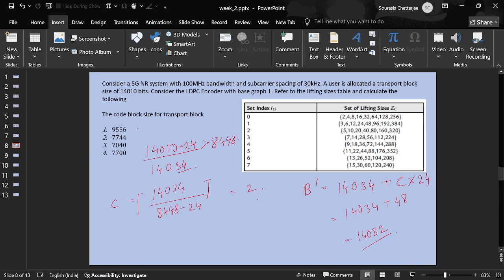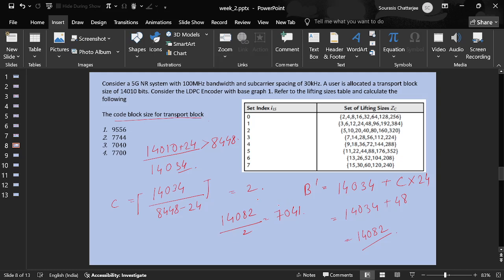Okay, this is the number I get. But what should be the code block size here? Should I just divide it by 2? 14082 divided by 2 comes out to 7041.